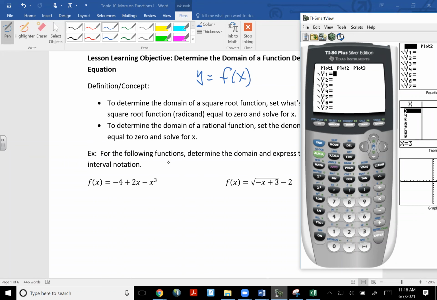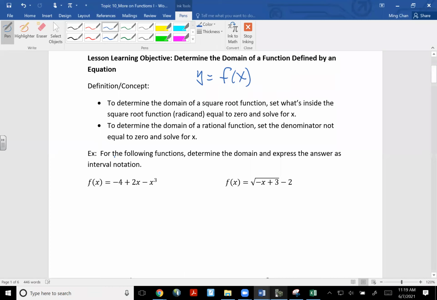All right, let's check this out. For the following function, determine the domain. I just want the domain, expressed in interval notation. What kind of function is this one? You first have to determine that.